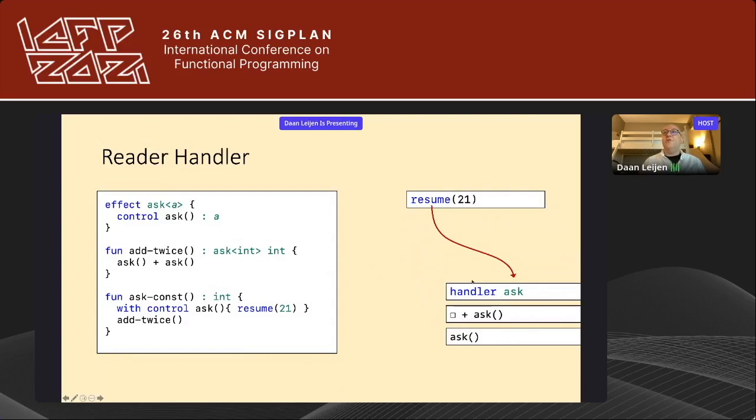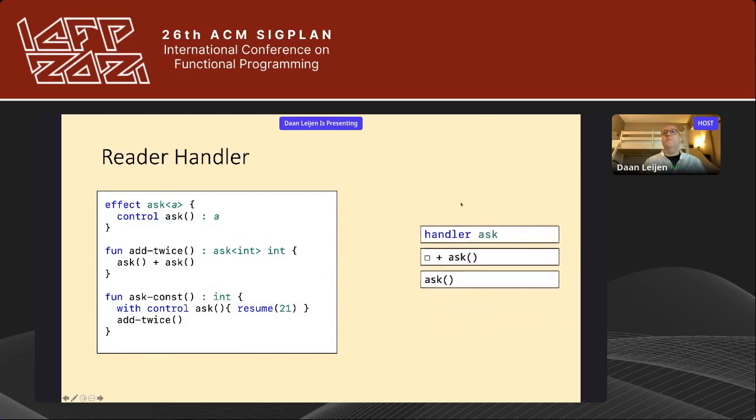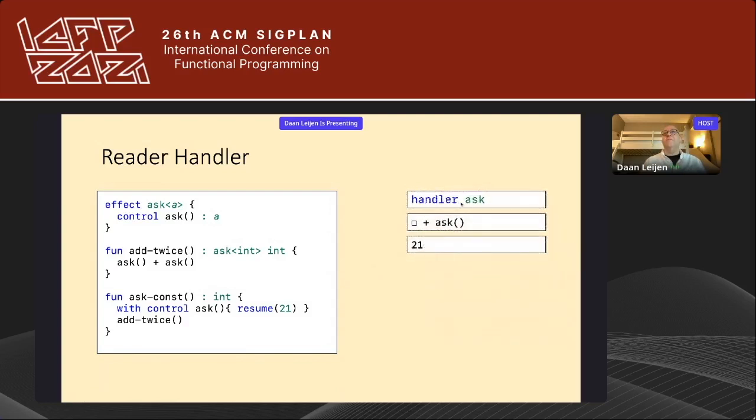And when we call resume, we restore the whole thing again, but we're going to put 21 in the final result. So when we resume, it all comes back, and we result in a final result of 21. And then, of course, the same happens with the second ask. So there will be 21. And then we just return through it, and we'll get 42 again as a final result.